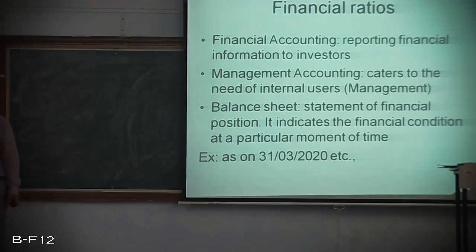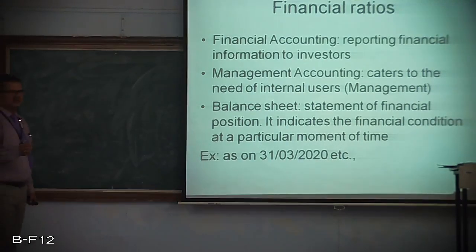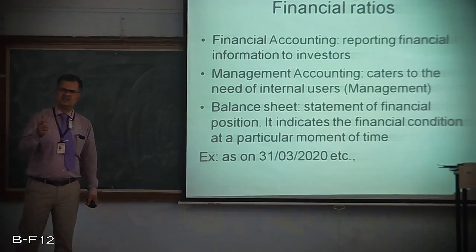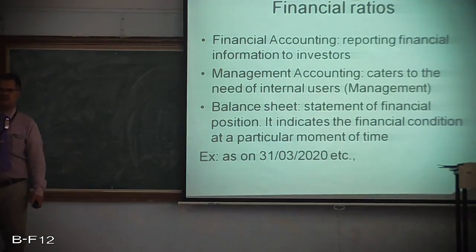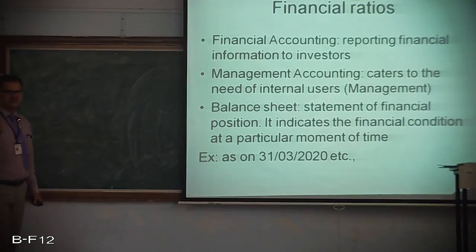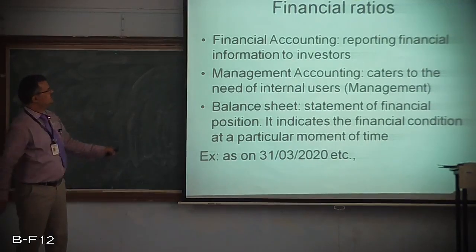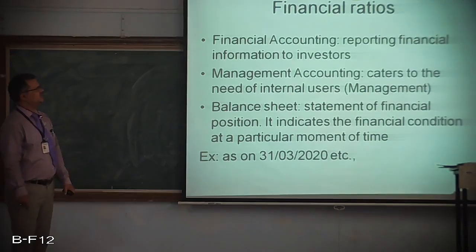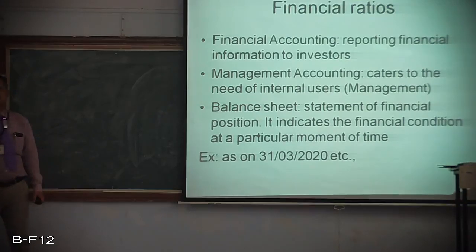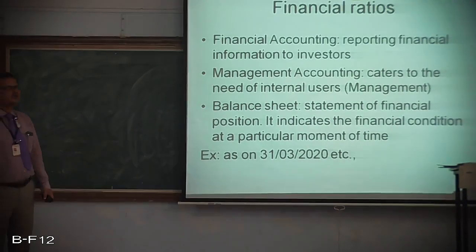There are so many people who are going to invest in the organization, also called stakeholders: the shareholders, or the people who purchase the bonds or debentures. Those people are called investors. So financial accounting is basically reporting the financial information for all these stakeholders.